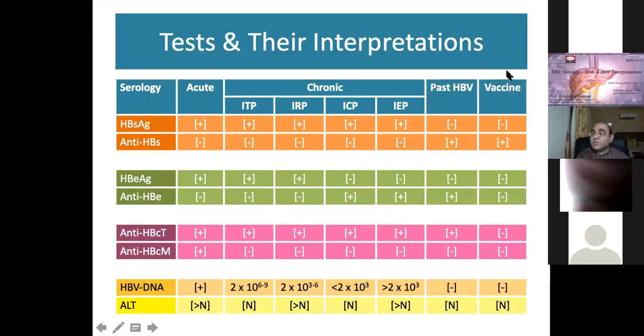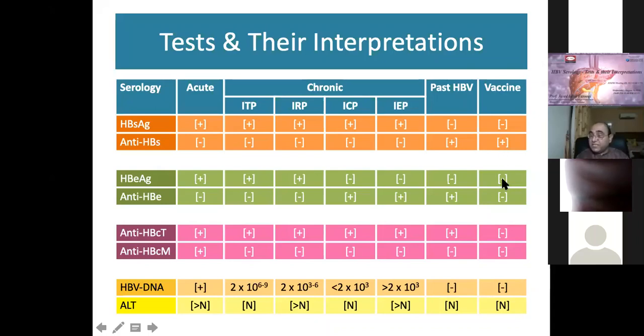What about if the patient never had hepatitis B infection? What will be his or her serology? That will be HBs antigen negative. If the patient has been given the vaccine, his surface antigen will be negative, but the anti-HBs will be positive because you have vaccinated him and the body has made antibodies against that.